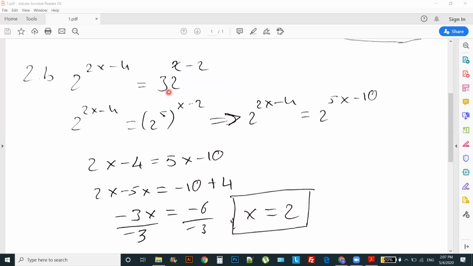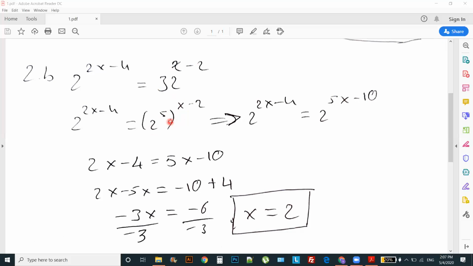So what I can do is I will try to write 32 as an exponent, which will have the same base as this equation here, 2. So 2 to the power of 2x minus 4 equals, instead of 32, I'm going to write 2 to the power of 5, because 2 to the power of 5 is 32. And then the power of 32 is x minus 2. I'm going to write it here, x minus 2.